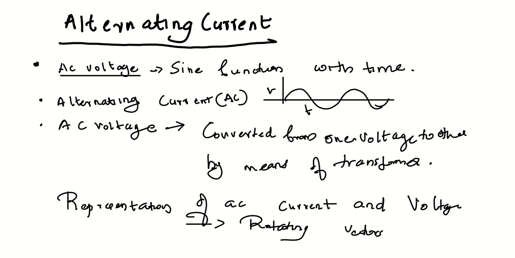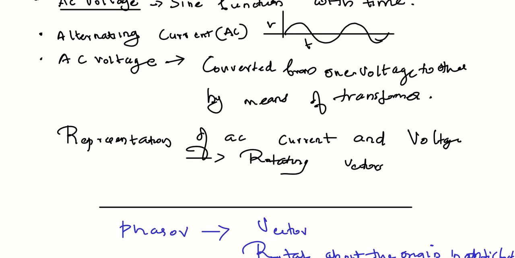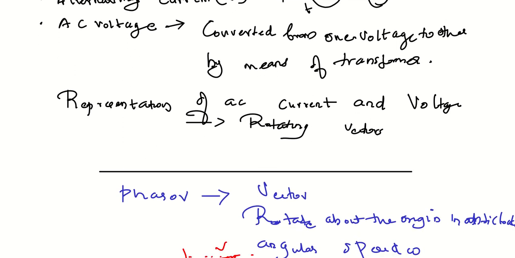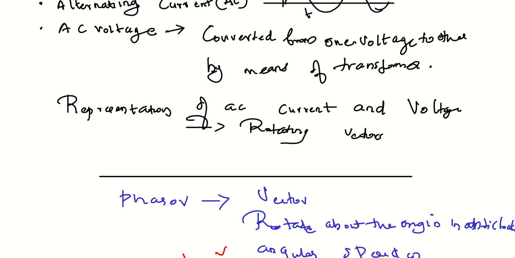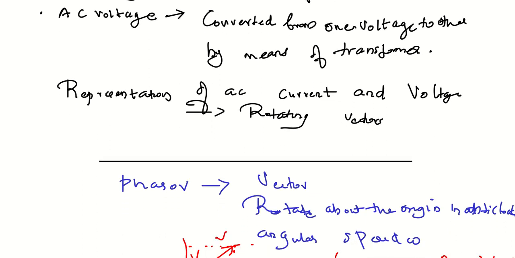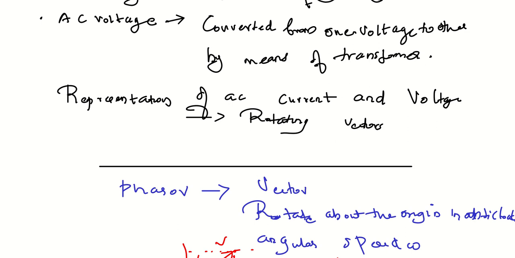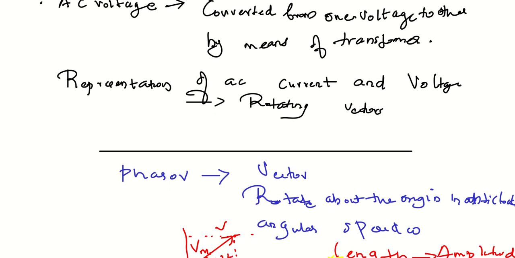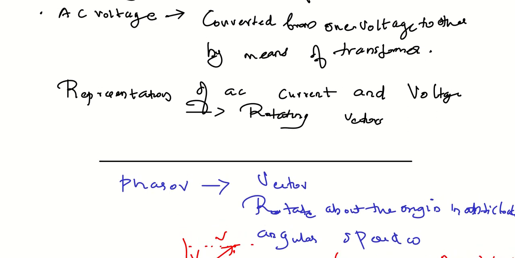And AC voltage is preferred more because it can be converted from one voltage to another by means of a transformer. Also, AC current can be transmitted over a long distance. It is very economical.